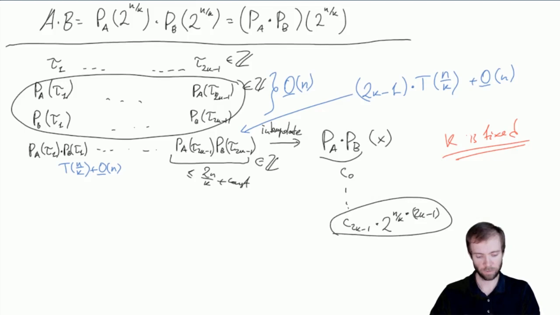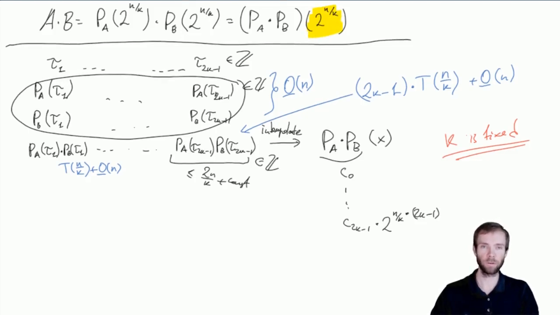So the last number c 2k minus 1 would be shifted by this number of bits, and then we just add up all the resulting numbers to get the actual value of the polynomial at the point 2 to the power of n over k.